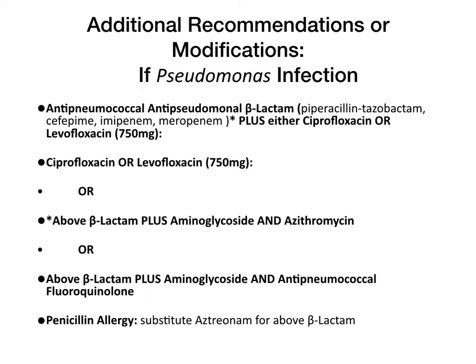The other option will be a beta-lactam plus an aminoglycoside and azithromycin. The third option will be a beta-lactam plus an aminoglycoside plus an anti-pneumococcal fluoroquinolone. In patients with penicillin allergy, the beta-lactam can be substituted with aztreonam.